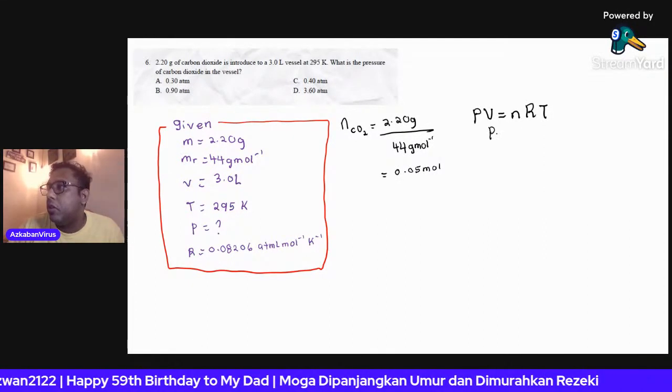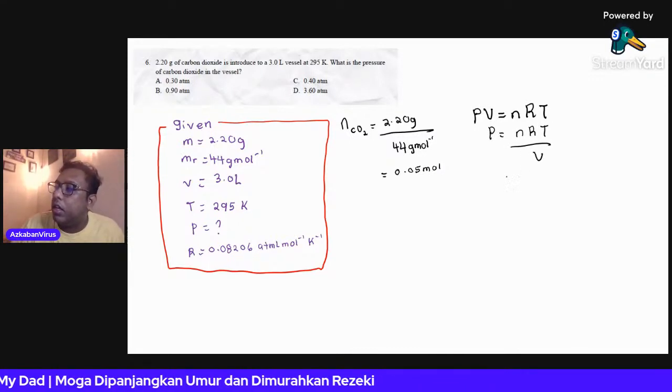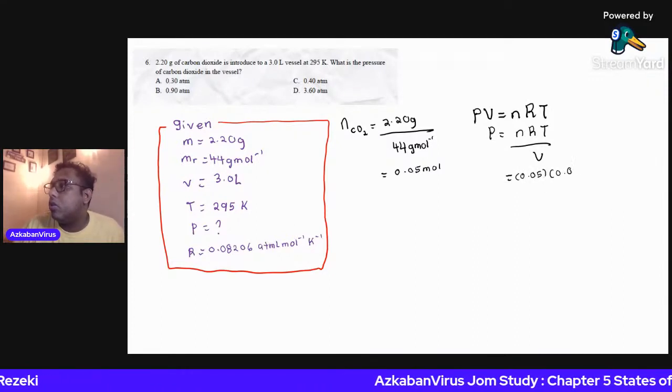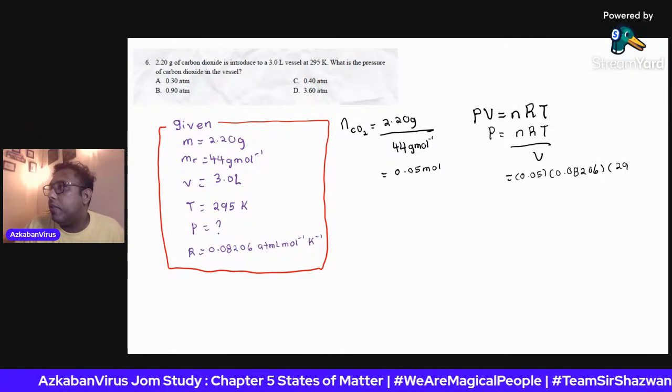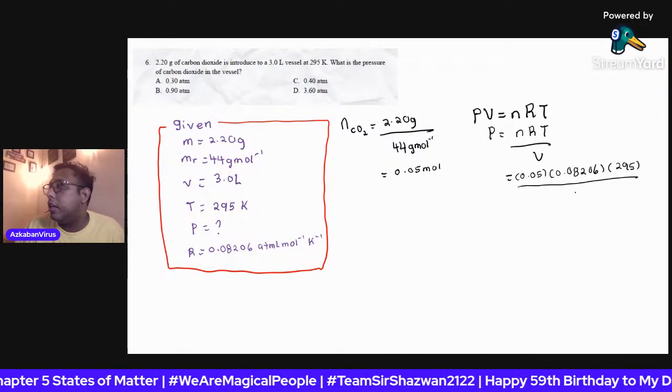We know that P is equal to nRT over V, which is equal to 0.05 darab 0.08206. Temperature kita adalah 295 and volume kita adalah 3 liter.